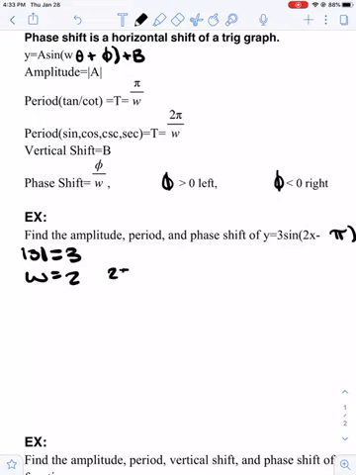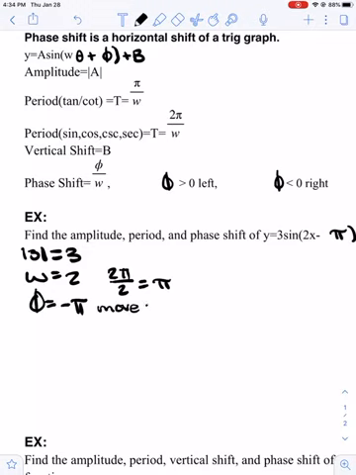To find the period, this is a sine graph, so we're going to do 2 pi divided by 2, which equals pi. And then we have the phase shift of the minus pi. So the phi value equals negative pi. And since it's negative, remember that means we're going to go to the right.